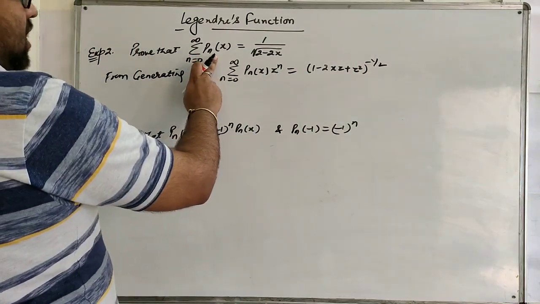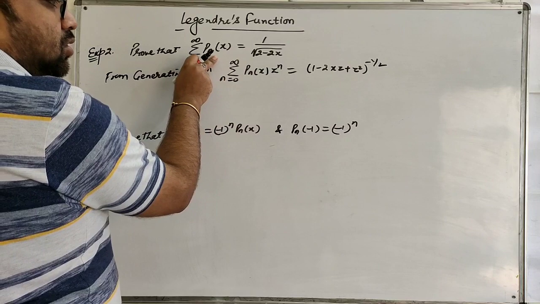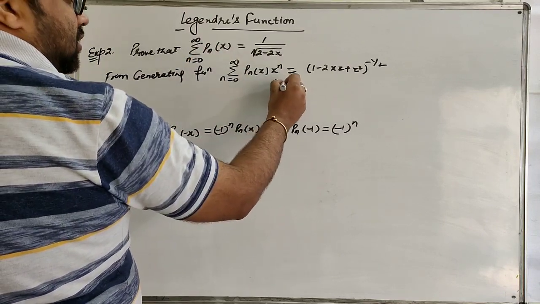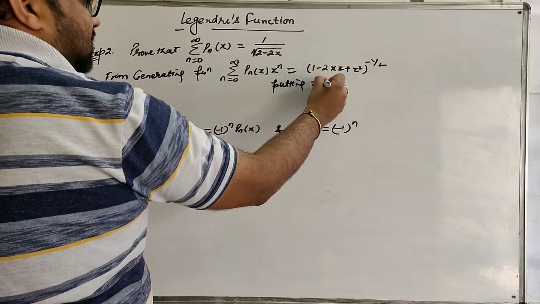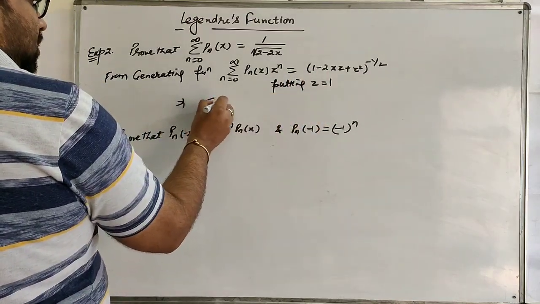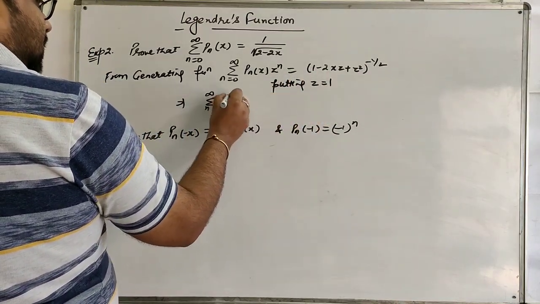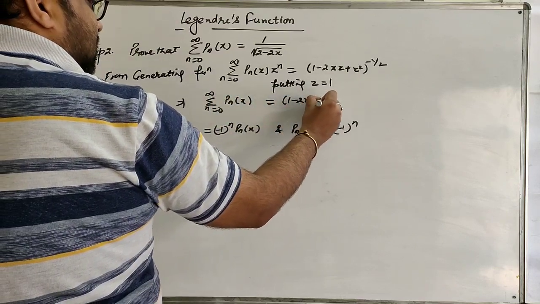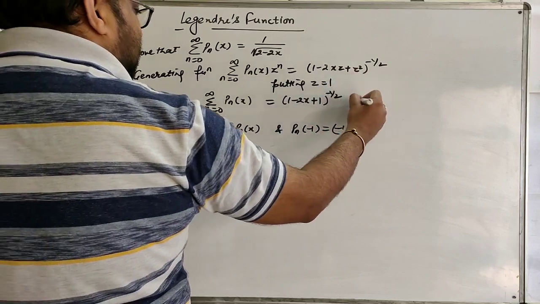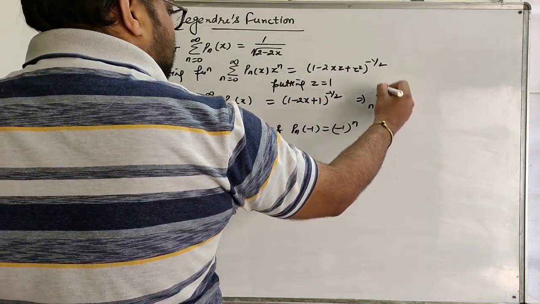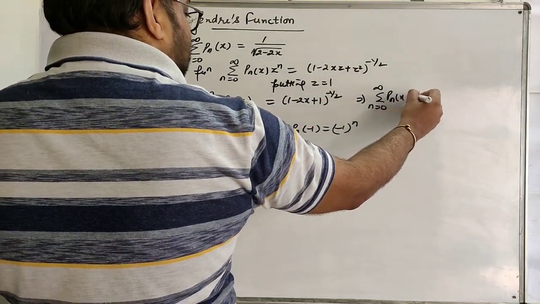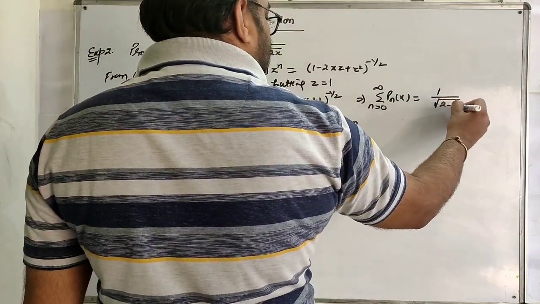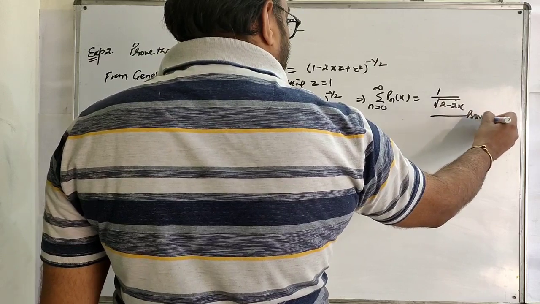Here, z is not there, so we can put the value of z equal to 1. Putting z equals 1, sigma n equals 0 to infinity Pn(x) is equal to (1 minus 2x plus 1) raised to power minus 1 by 2, or sigma n equals 0 to infinity Pn(x) is equal to 1 upon square root of 2 minus 2x, which is the proof.